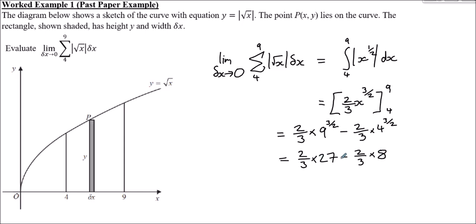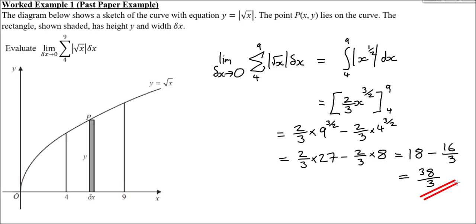So 2/3 of 27, well 1/3 is 9, 2/3 is going to be 18, so I've got 18 there, and then 2/3 of 8, well can't really do that, I'm just going to have to leave that as 2 times 8, which is 16, all over 3. 18 is 54/3, so 54/3 minus 16/3 gives 38 over 3. Of course, that isn't wise. I just thought I'd do that just because these are nice numbers, as it were.